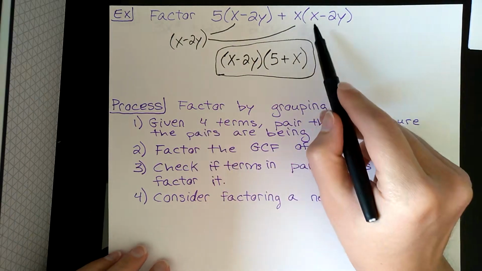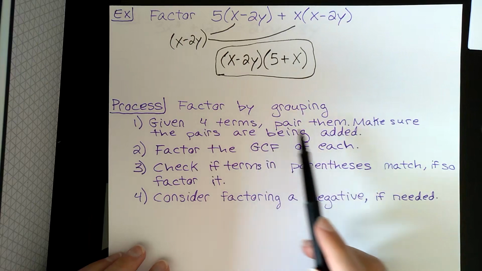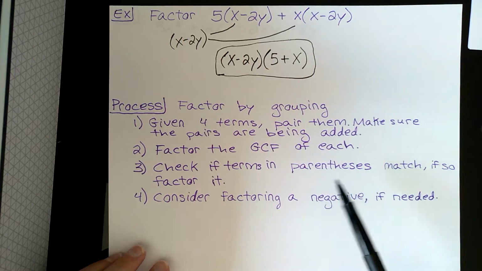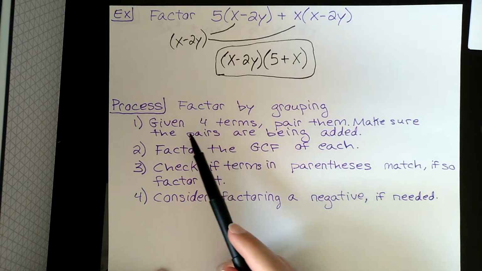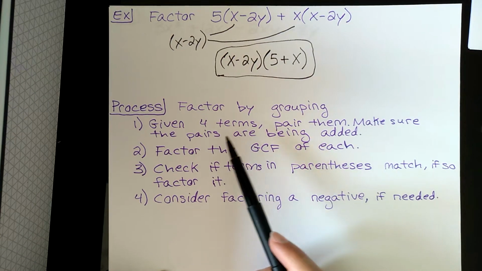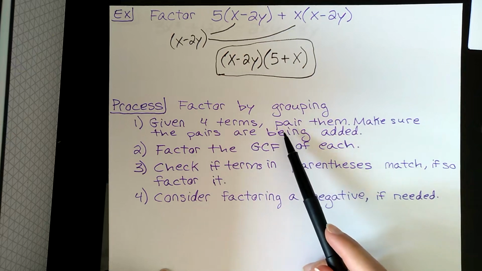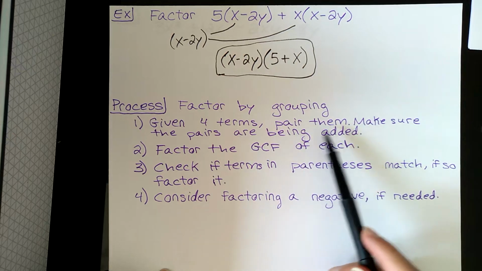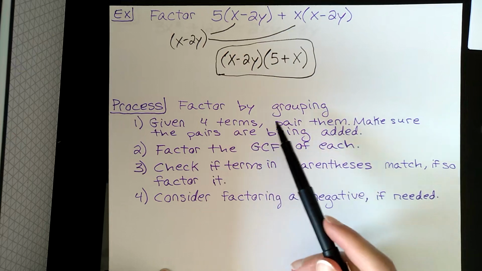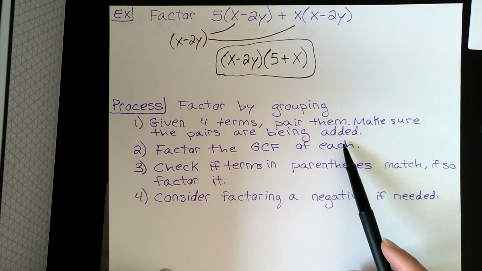Okay, so this example I said would lead into our next topic, which is factor by grouping. Factor by grouping says given 4 terms, meaning you're adding or subtracting 4 separate things, you're going to start by pairing them together. We're going to take 2 at a time and pair them and make sure that the 2 pairs are being added together.